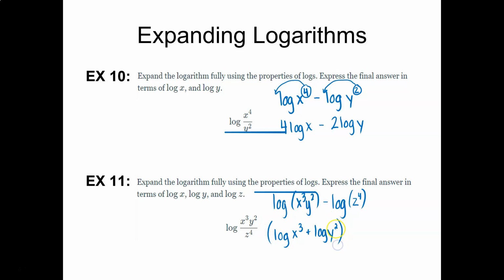Here's another example. It's not really required to have those parentheses there, but they're not going to hurt anything if you put them. There might be some cases where you got to have them, so I would just go ahead and put them. And then we've got all these exponents here that need to be pulled out. So we would have 3 log x plus 2 log y minus 4 log z.